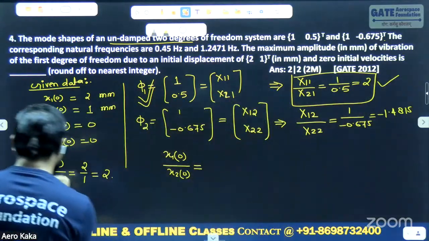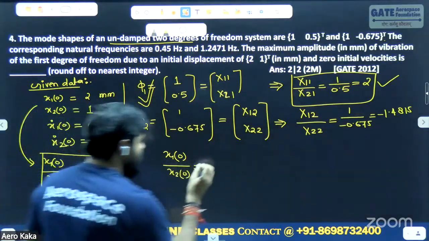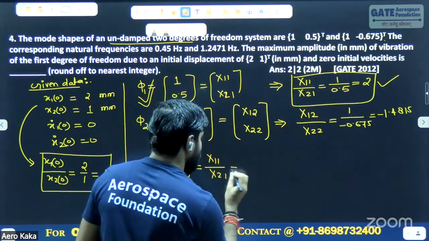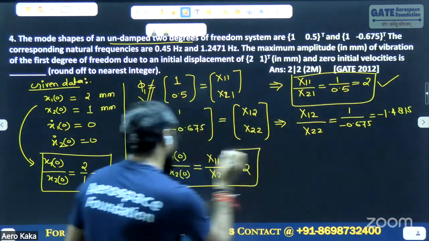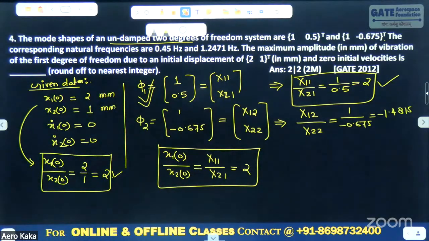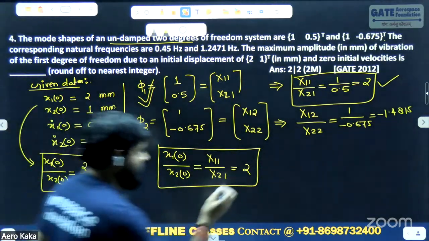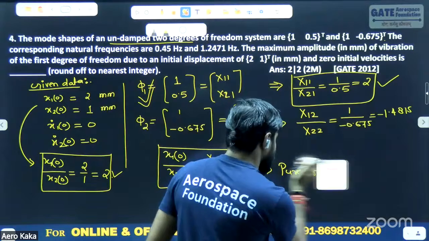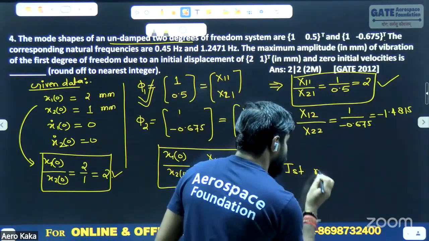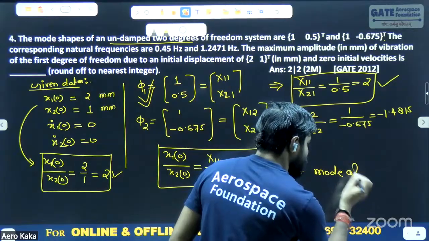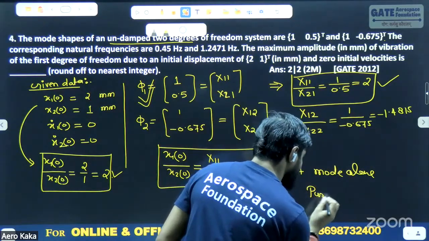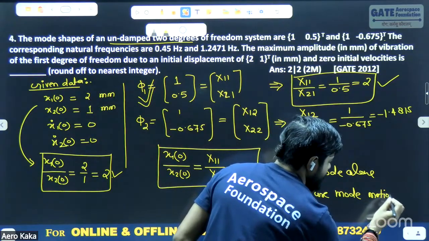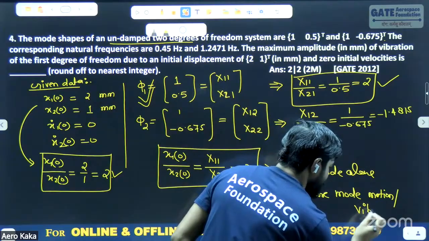This is matching with x11 upon x21, that's 2. What's the meaning of that? It means they are vibrating in the first mode alone, for pure mode motion, vibration or oscillations.